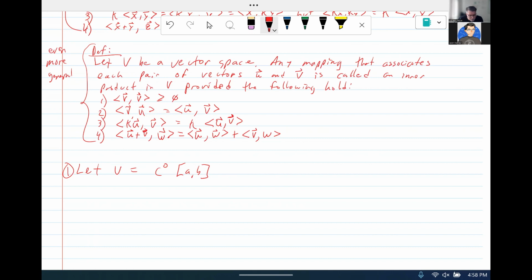I don't think we've defined C0 yet. Let F, G be elements of V. Define the inner product of F and G as equal to the integral from A to B of F of X times G of X dx.